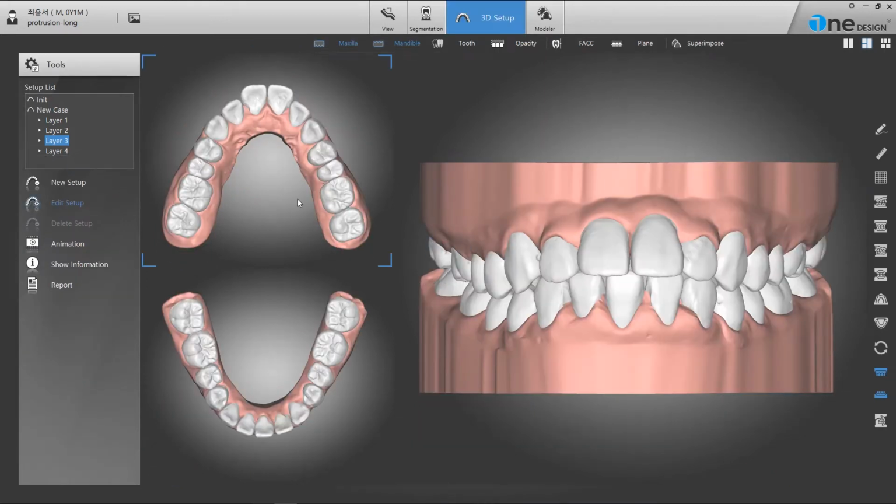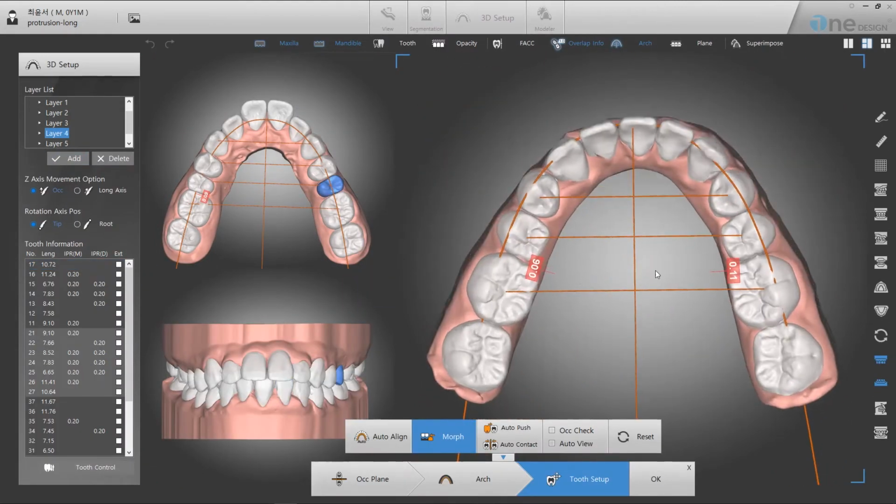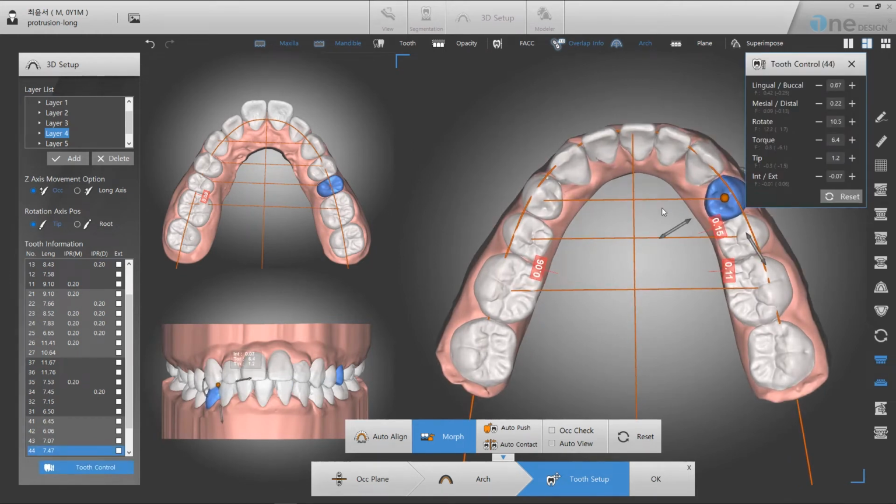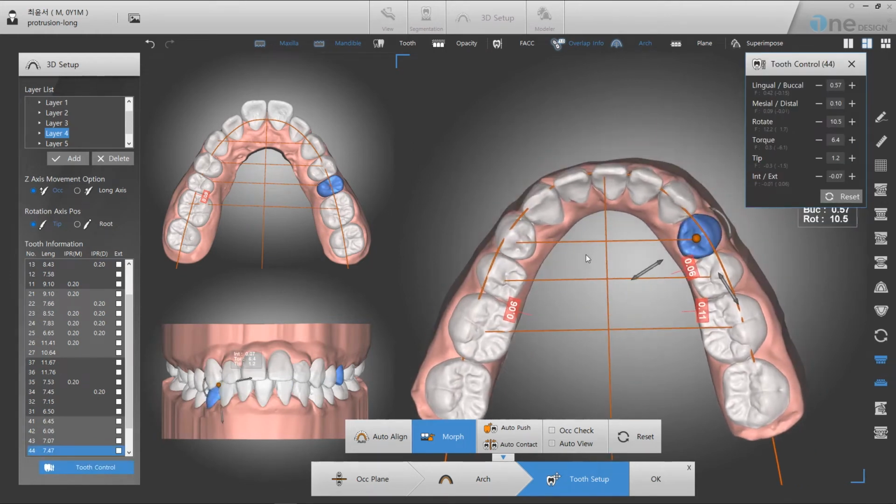Layer 4 is the pre-retraction stage. Adjust the tooth position so that all teeth can be retracted equally in layer 5.